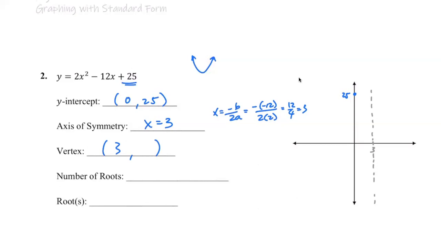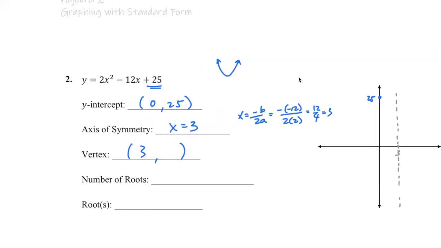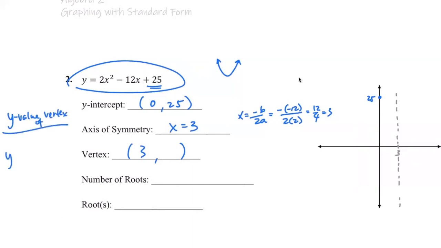Okay. And just like the last example, we have the equation, and we'll go ahead and find out the y value of the vertex since we've got the x value of the vertex. So y is equal to 2 times 3 squared minus 12 times 3 plus 25.